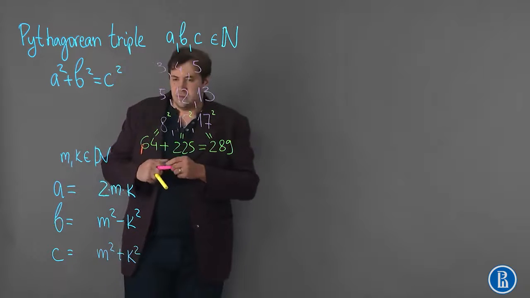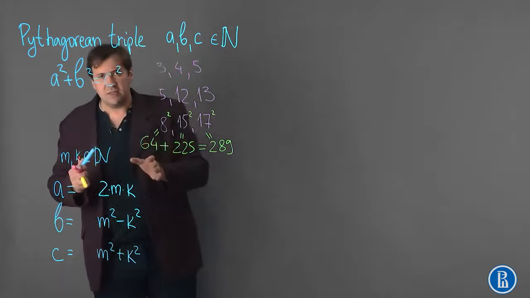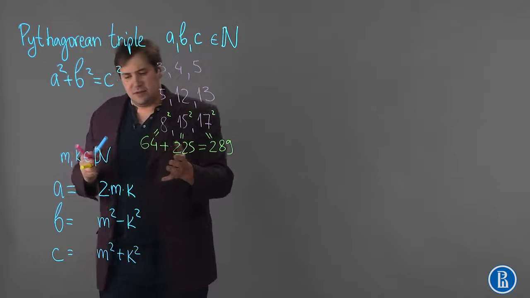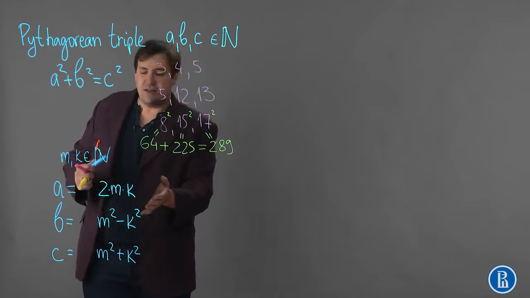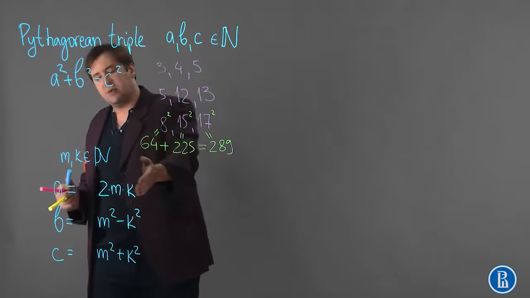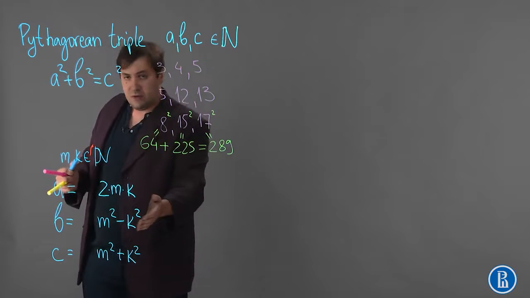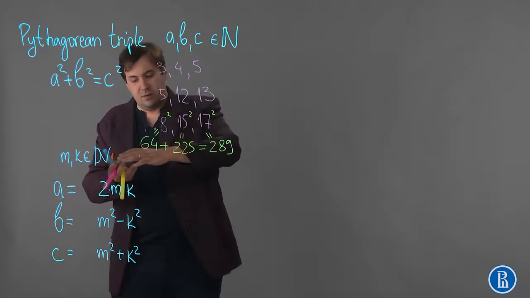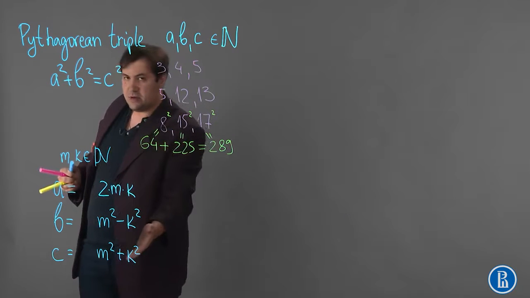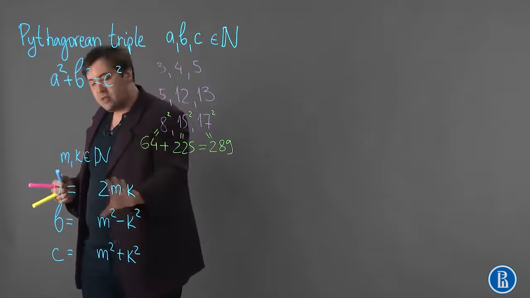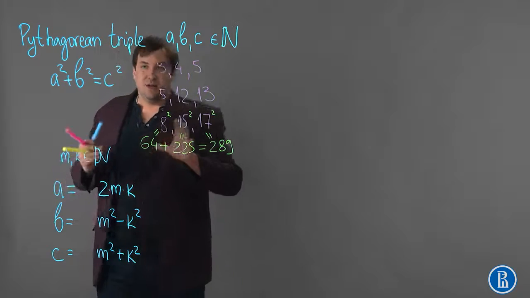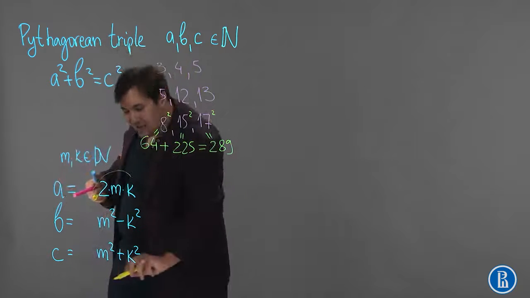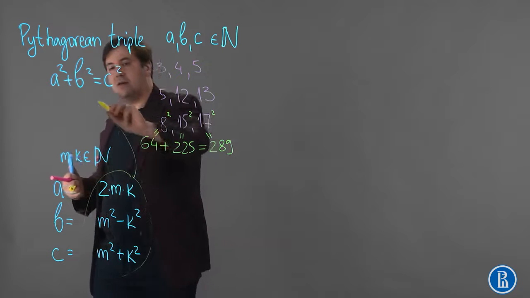So I won't write this down, but simply look at this formula and try to understand that if we take a squared and b squared and we add one to another, we'll gain c squared. So such three numbers satisfy this condition automatically.